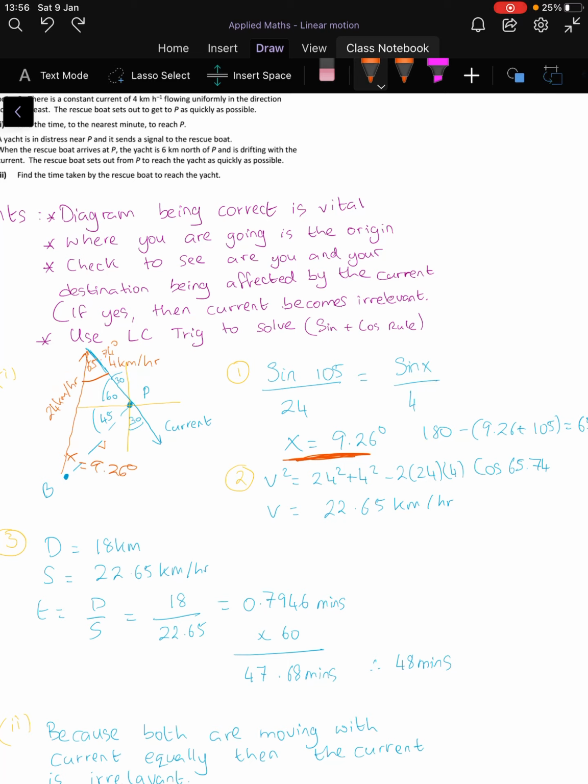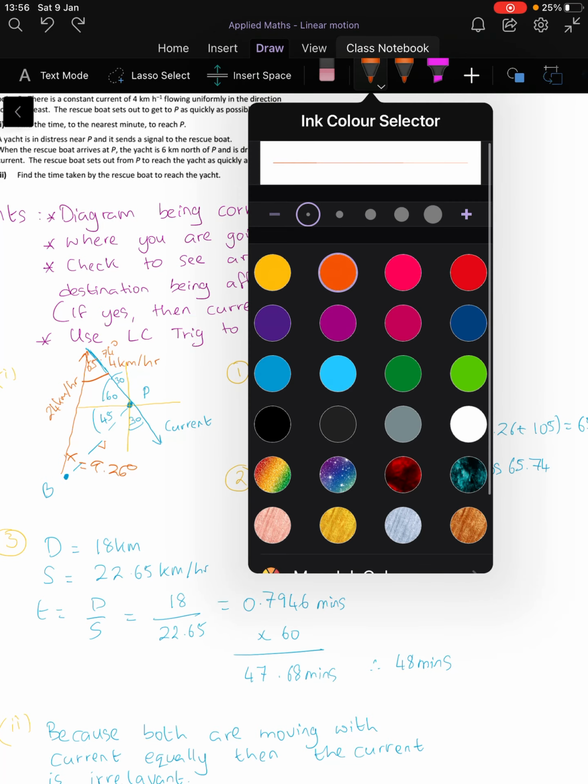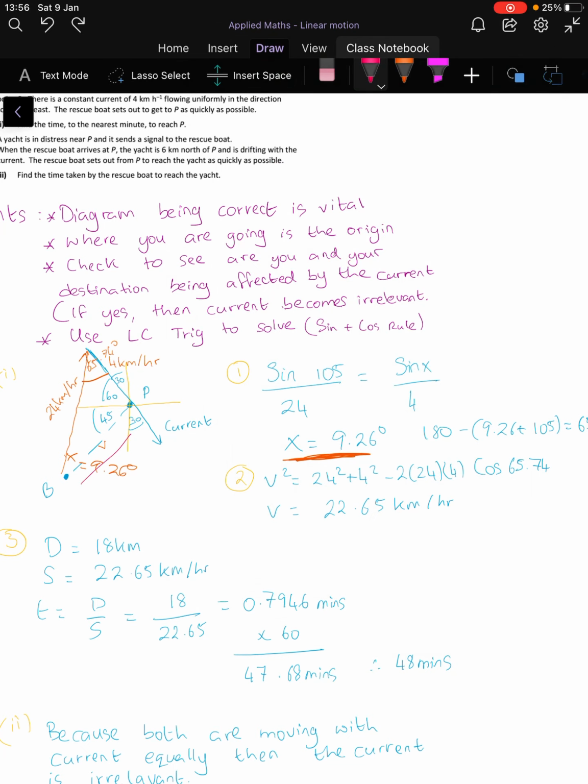So it's the cos of the angle in the middle. All of it goes into the calculator. I get V squared, then take the root of my answer, and I end up getting 22.65 kilometers per hour. That means my actual speed in that direction is what I've just found, the 22.65.